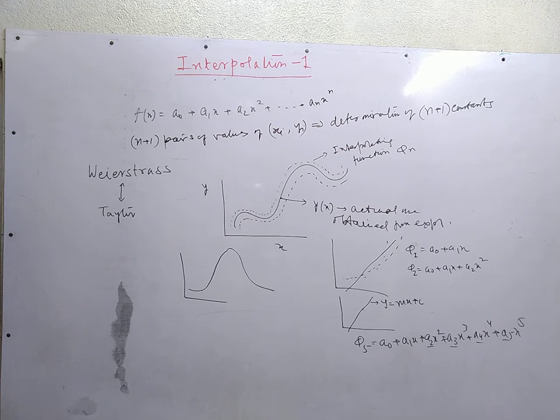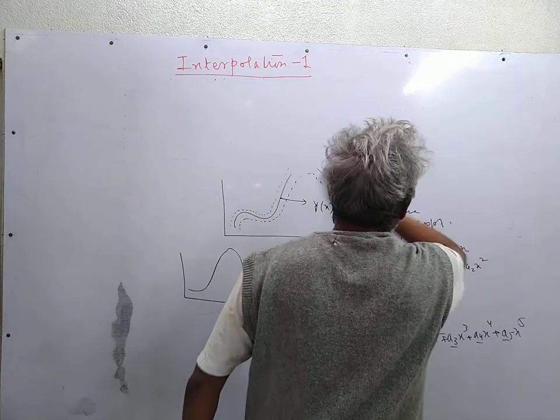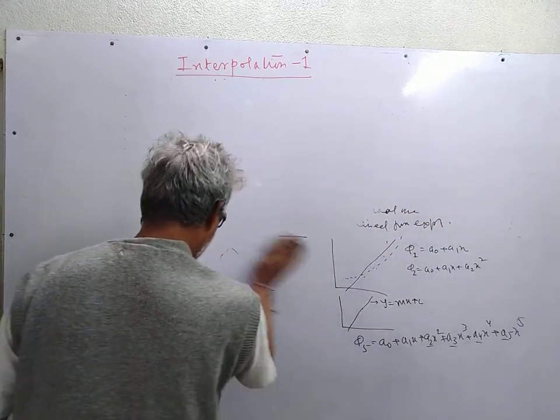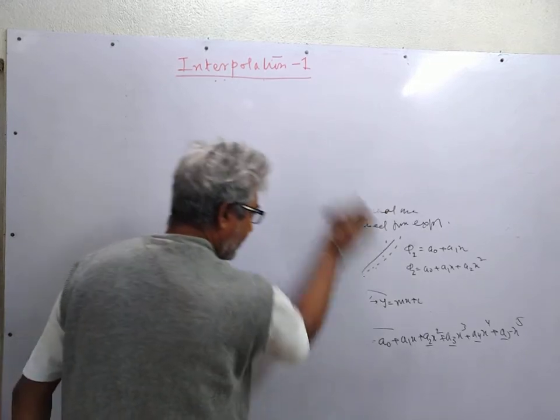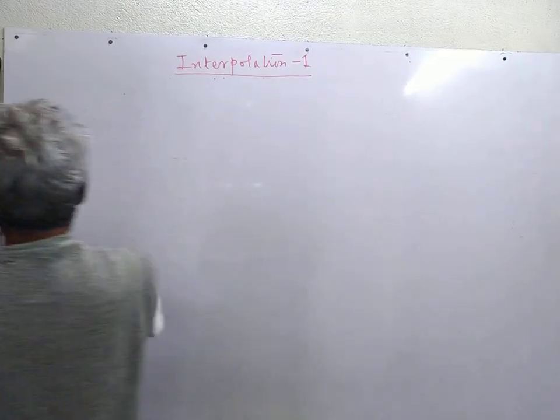That is to say, the difference between two consecutive x values may not be constant, in which case we call them inequispaced arguments, and for inequispaced or unequal x values we will discuss Lagrange's interpolation technique. So with this introduction we come to equispaced arguments.